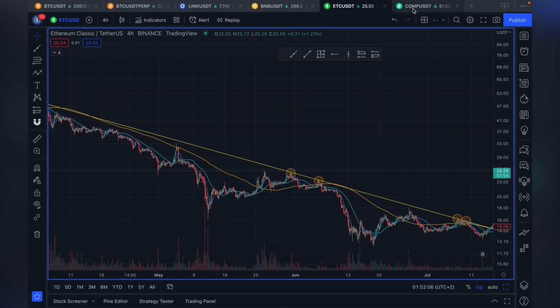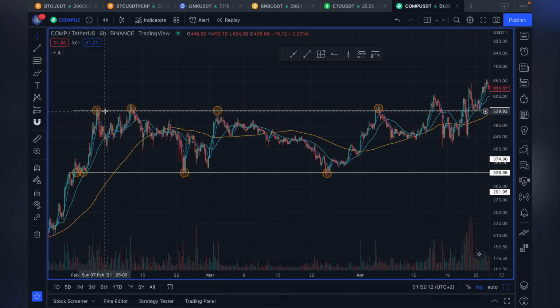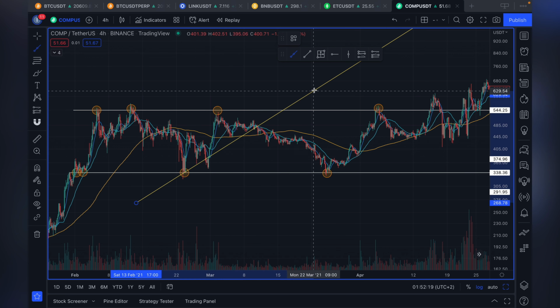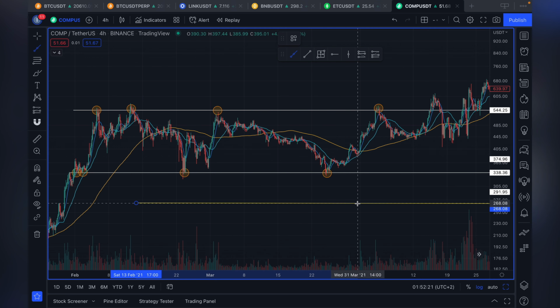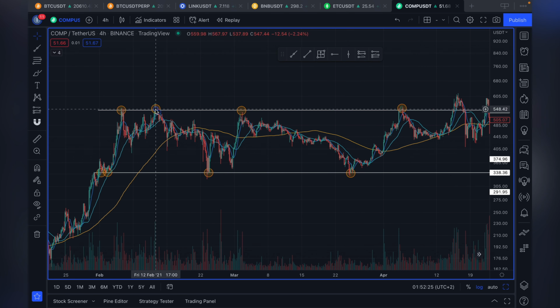And let's take a look at the flat. For a flat, you can also build lines. You have 2 points here and 2 points here, but your trend line is not at an angle, it's flat. It's like a level. It's 2 levels. You can't say our price is going up or down.